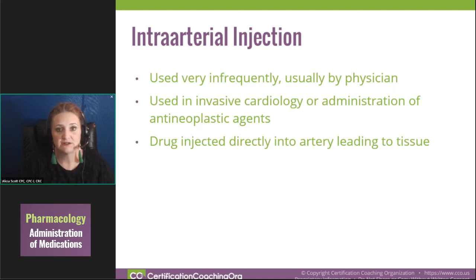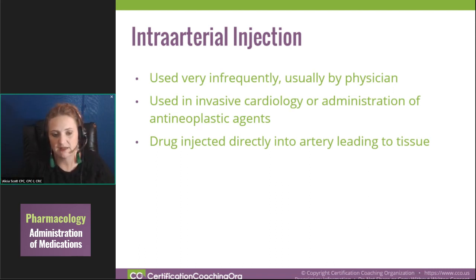But intra-arterial, again, that is powerful. It's the elasticity of the arteries and the pumping of the heart getting it through the body. Very seldom do you ever administer anything via arteries. If you do, it's mostly chemo or antineoplastic agents, which is chemo medicine, maybe invasive cardiology, where you've got to get something into the system very quickly.